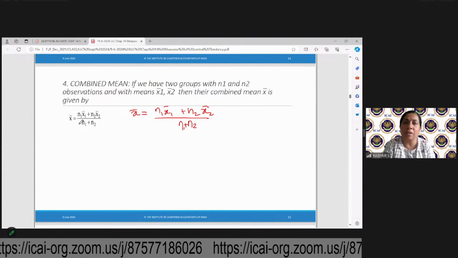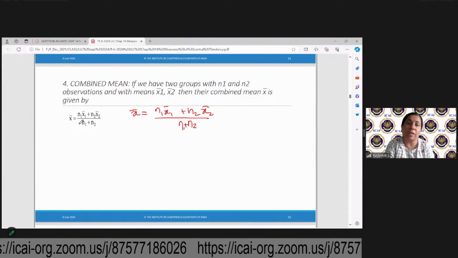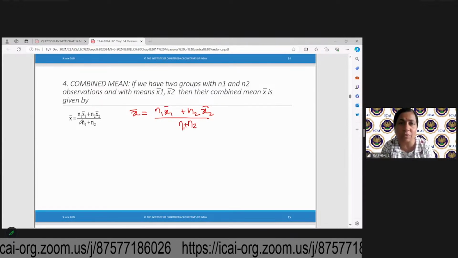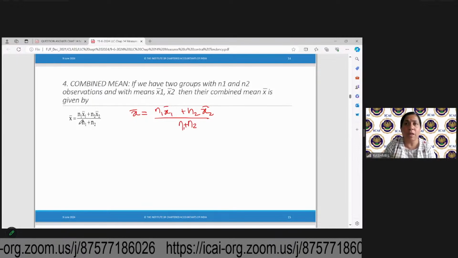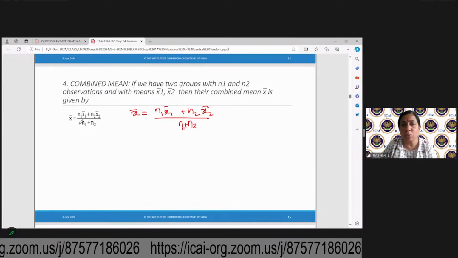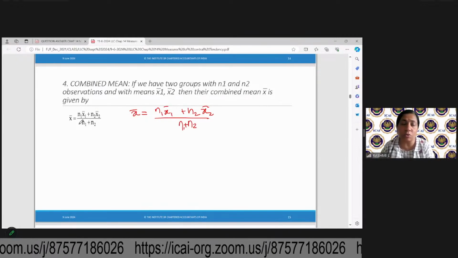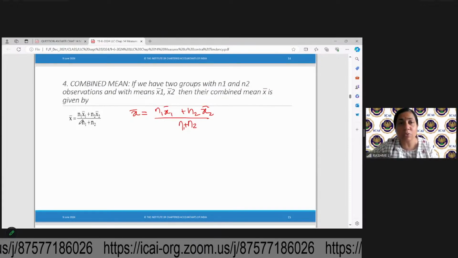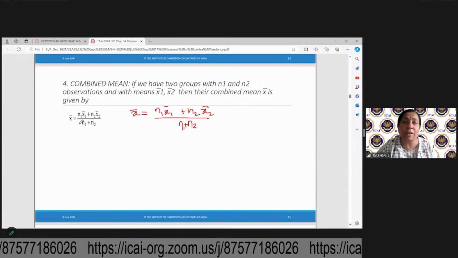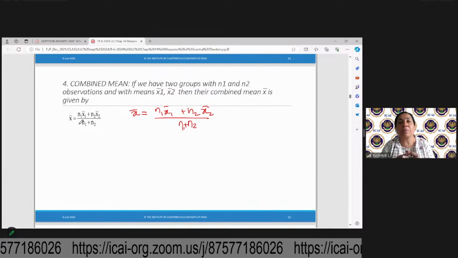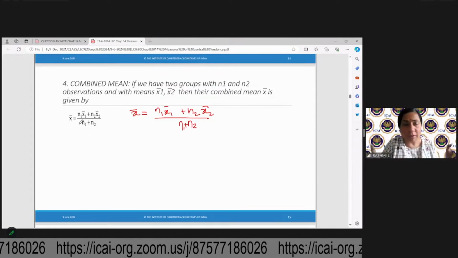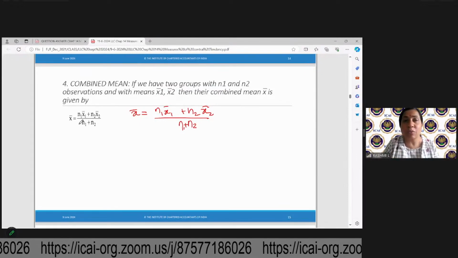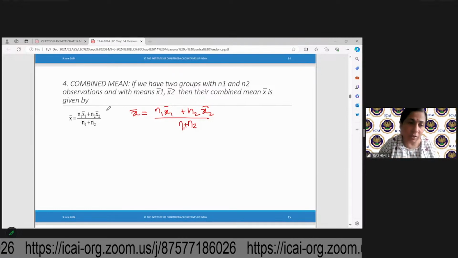For example, like in the earlier sums that we have done, BBA students have got a particular average weight. Then I say, okay, BCS students also I add. So BBA students will have one average weight, BCS students will have another average weight, and we will combine those. I will combine the data and try to find the new average weight, which is given by this.